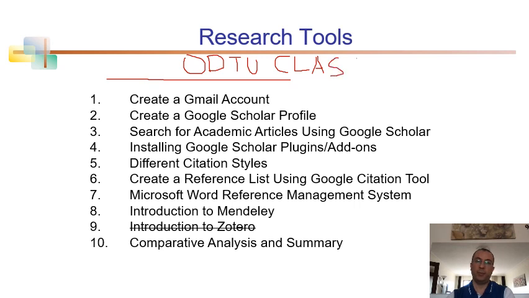So basically you are expected to have a Gmail account. I think we all have a Gmail account, and you're also expected to know how to use Google Scholar. This is something essential. And you need to know how to make citation.